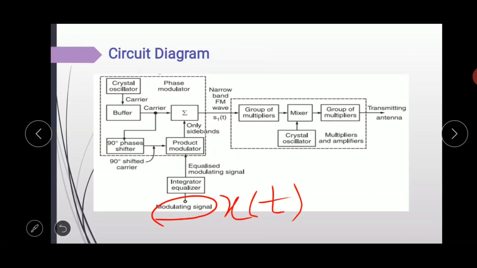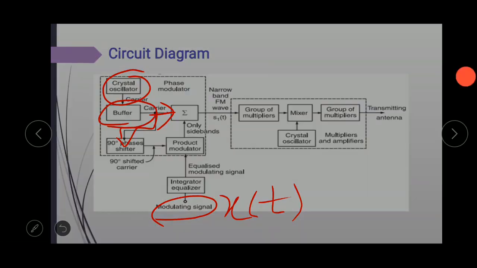The crystal oscillator produces a stable unmodulated carrier which is applied to the 90-degree phase shifter as well as the combining network. See here, the output of the crystal oscillator is applied to the combining network and to the 90-degree phase shifter network through this buffer.